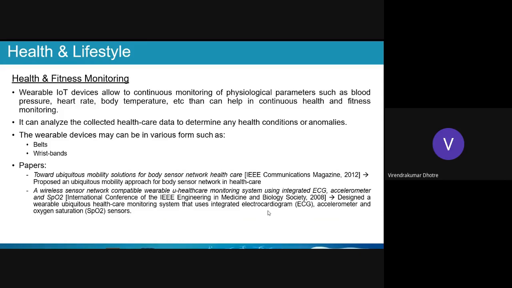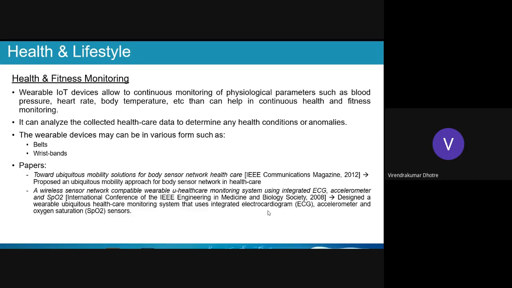Wearable IoT devices are available, by using which we can monitor the health of any person. Wearable devices, such as smart watches, have sensing capability.